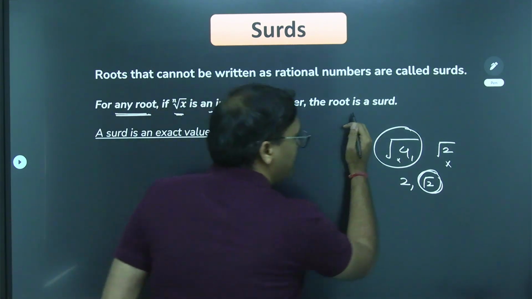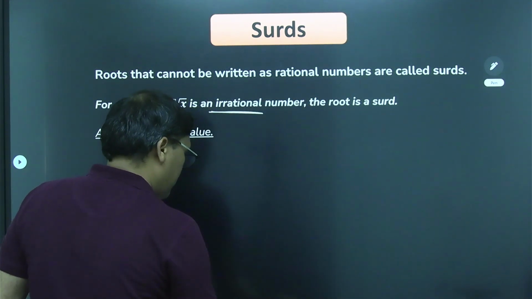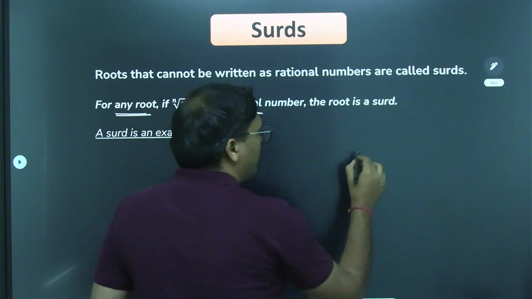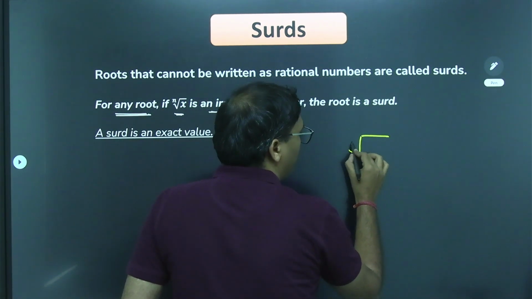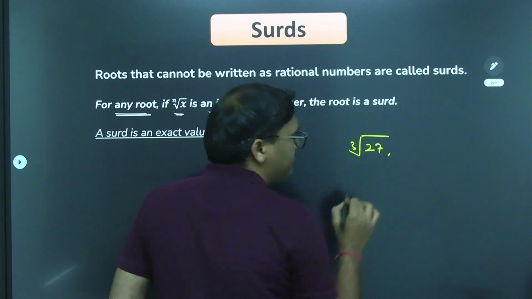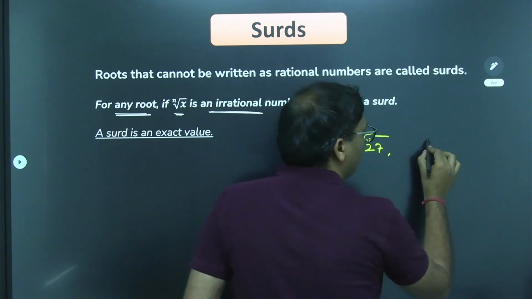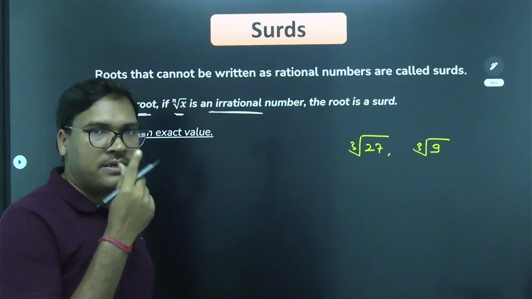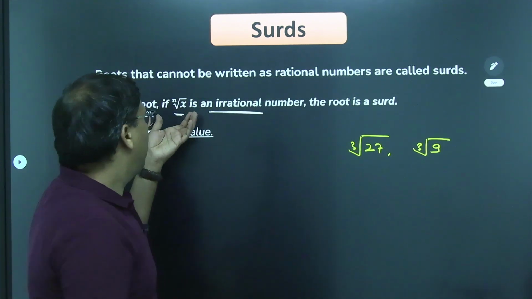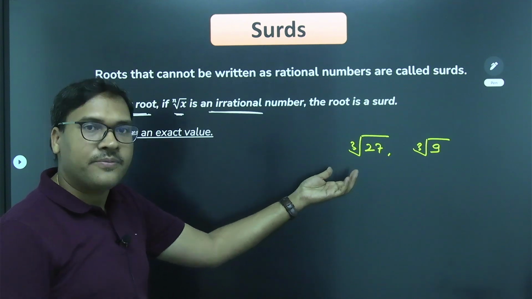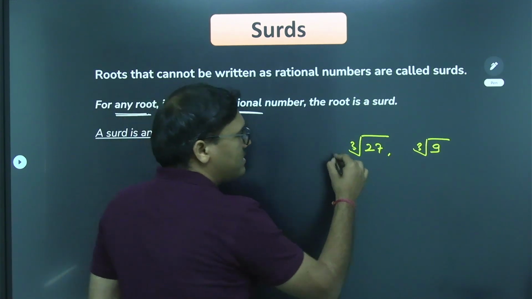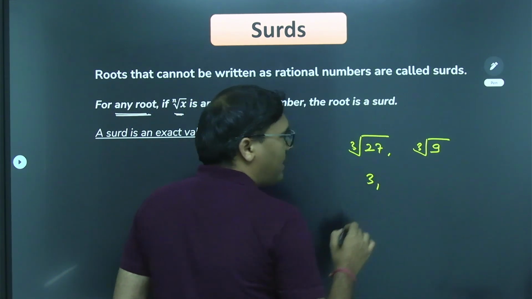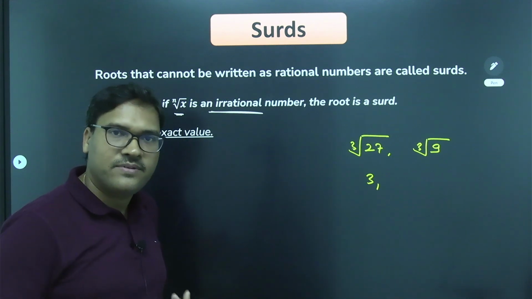What I am saying is, for example, if you consider the cube root of 27, or the cube root of 9. Both are cube roots, but the cube root of 27 I can simplify, because it is 3.